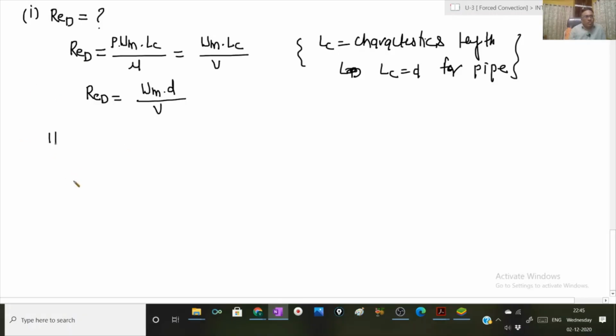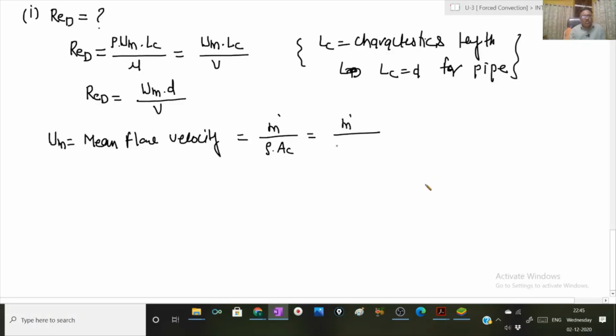So um is mean flow velocity, and it can be calculated as m dot over rho into cross sectional area, and the cross sectional area of the pipe is pi by 4 d square.